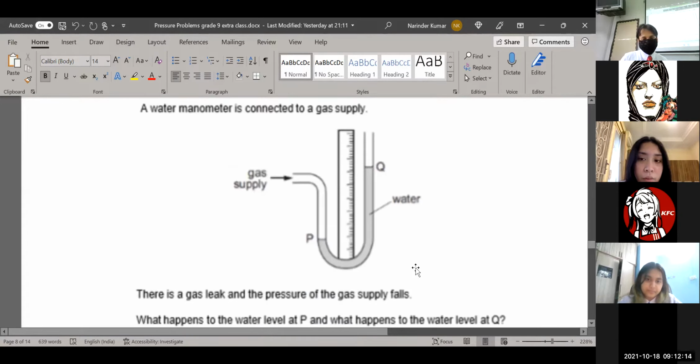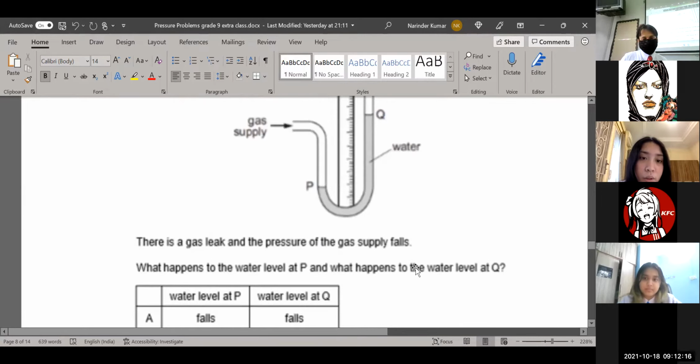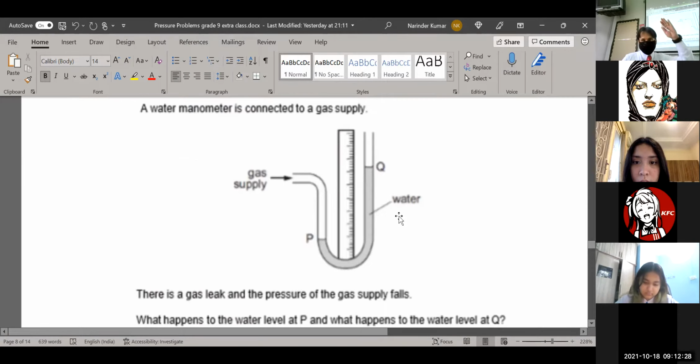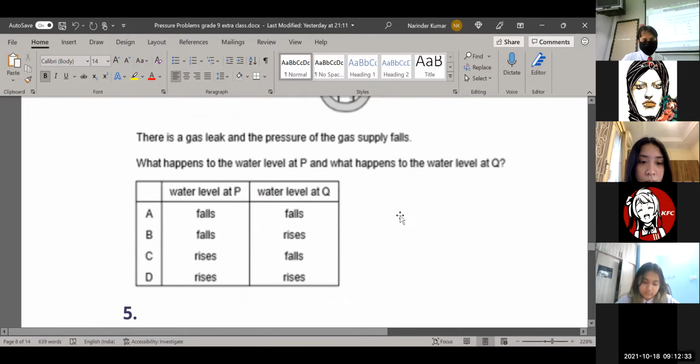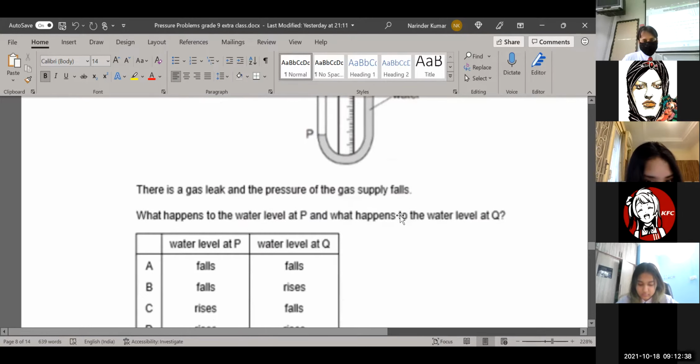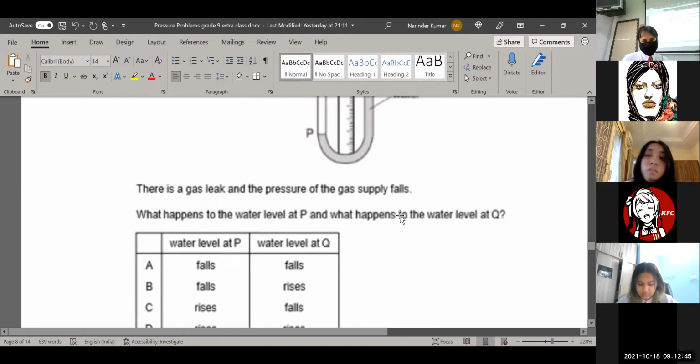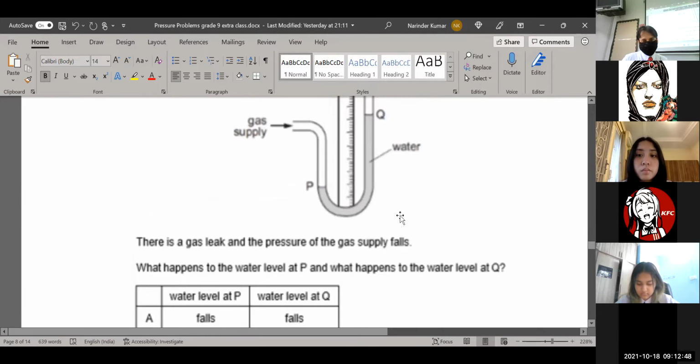The gas supply falls, meaning gas pressure will also fall. As per the option, water level at P, where is point P? It will dip, move down, so it should fall. Water level at P, and water level at Q.